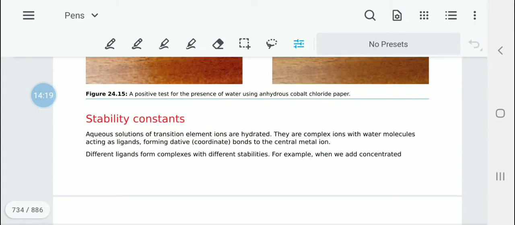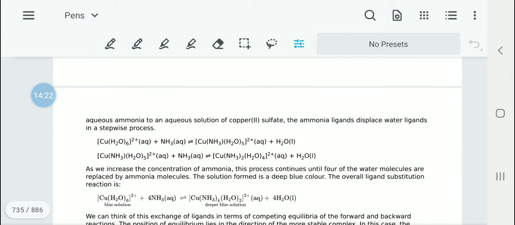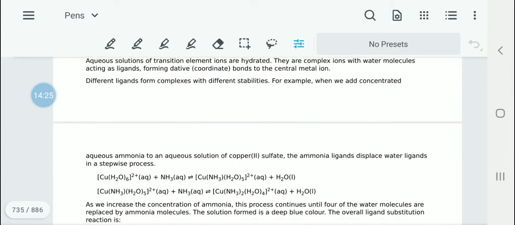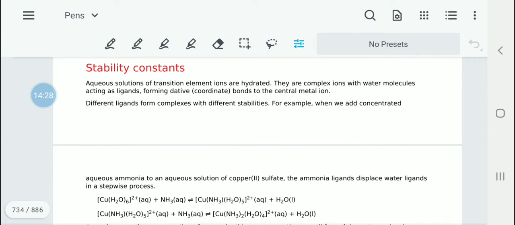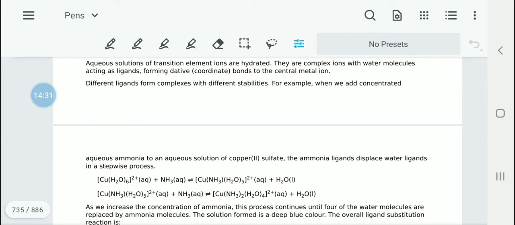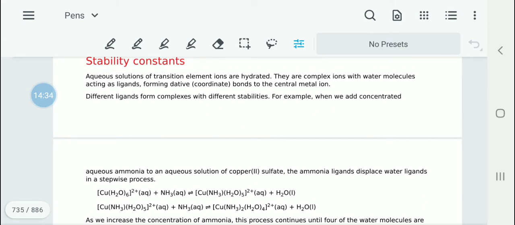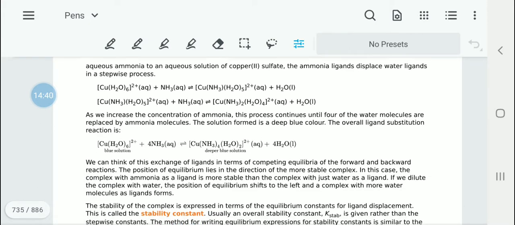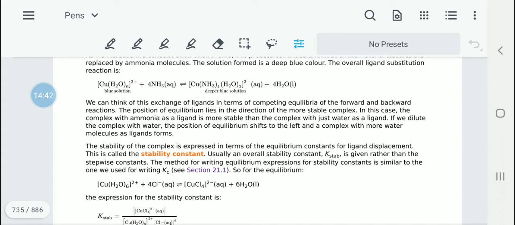Write down stability constants. Different ligands form complexes with different stabilities. This, expressed in terms of the equilibrium constant for ligand displacement, will be known as the stability constant, K stab.